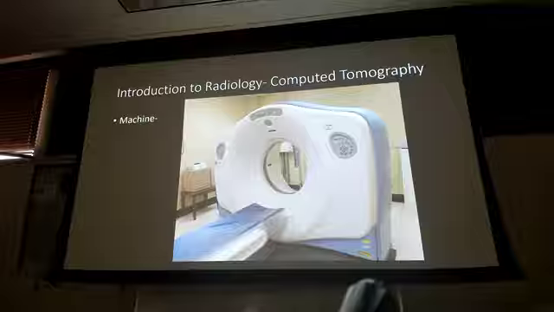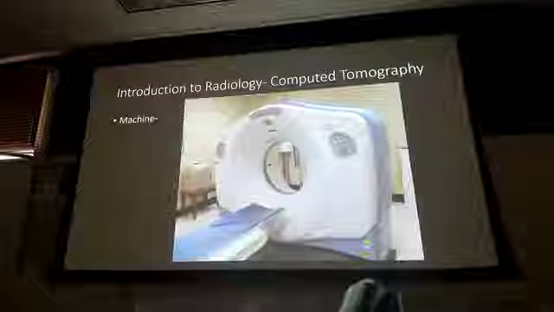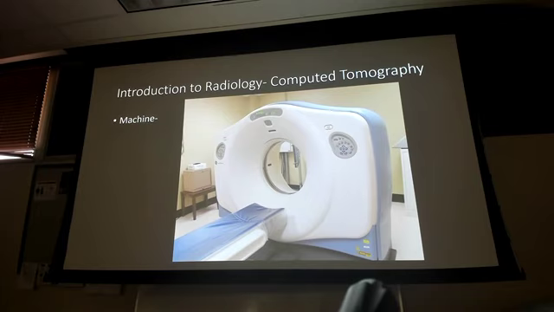But the better they are, the more sensors they have. And each sensor has its own radiation source directly across from it. What's happening is this thing revs up and starts spinning, and then it starts spitting out the radiation, hitting the patient from all different angles, getting it on all different sensors from the different angles, and then the machine puts those things together.